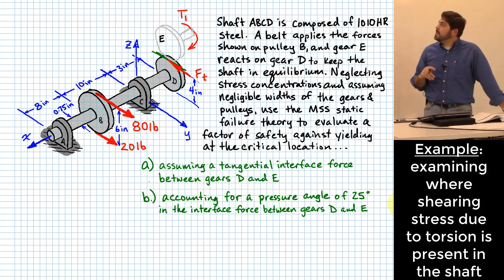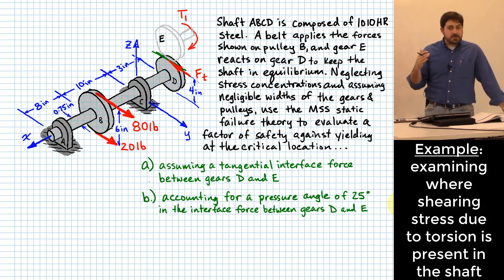Okay. Where does it carry torsion? Basically, between B and D, right? We apply torsion at B, and we react it at D. So it's carrying torsion from B to D. And so we've got a shearing stress induced on the outer surface of the shaft all the way from where B is located to where D is located, right?